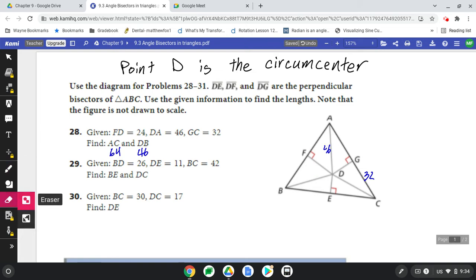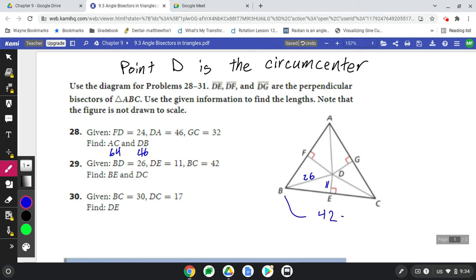Now I'm going to clear it because question 29 is slightly different. Okay, so on 29 it says given that BD is 26, so BD here is 26, DE is 11, and BC is 42. We want to find what BE is and DC.